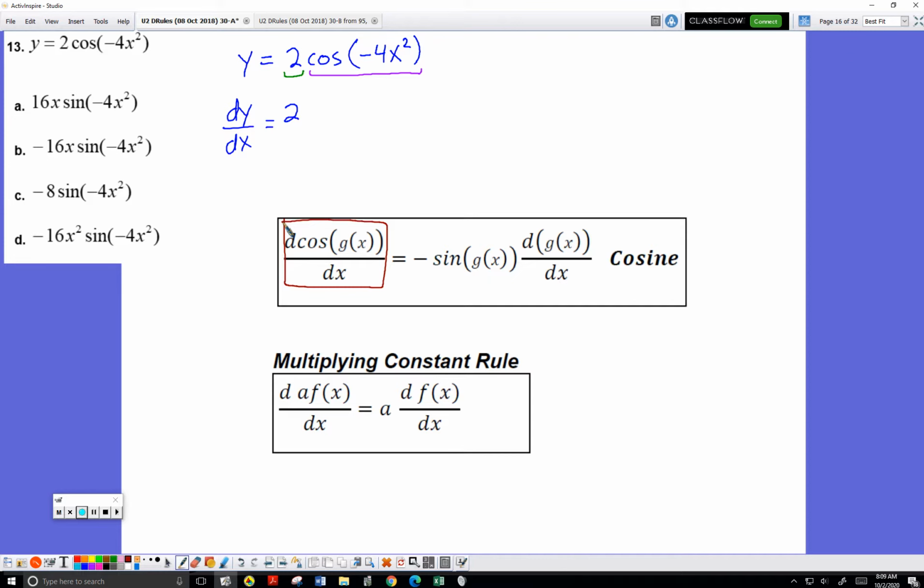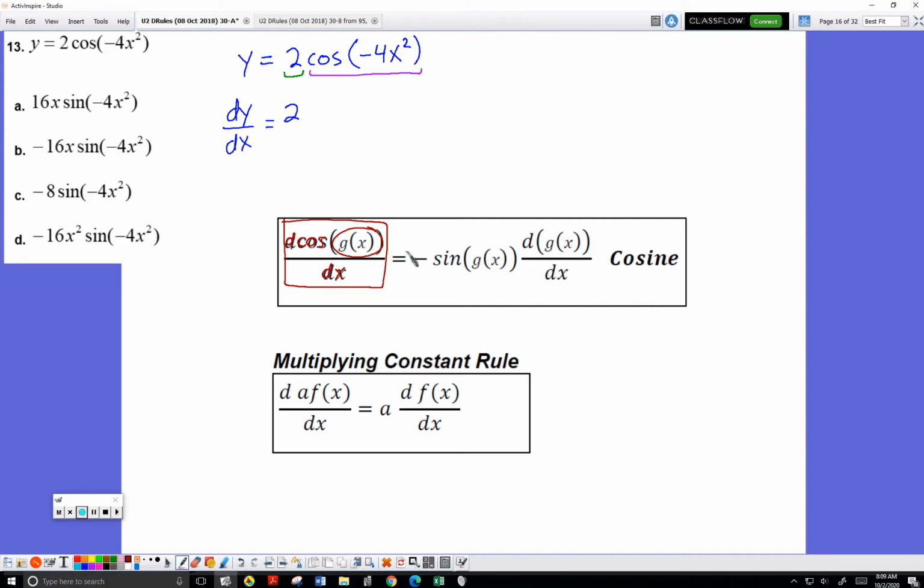d dx, okay, listen closely to the words I use here. It will help you use the rule more easily. I've got d dx of the cosine, and I just say of something. So I don't say g of x. I think it's actually easier to say I have the cosine of some expression, just something.